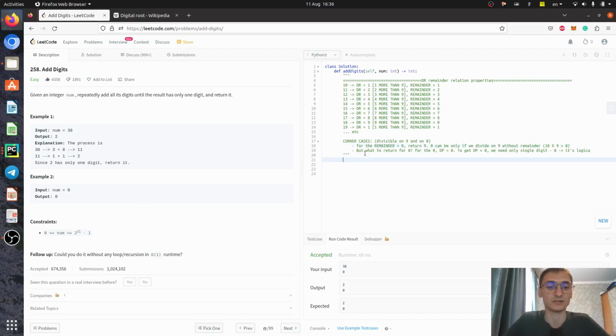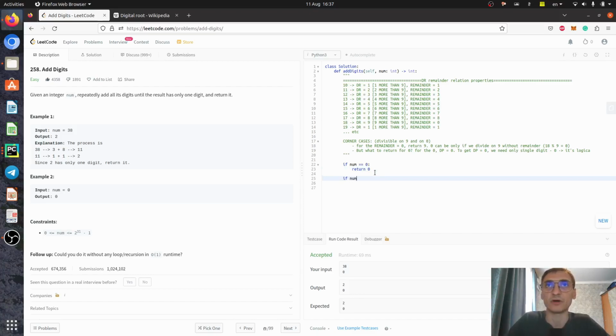So let's write this mathematical solution extracted from these remainder relation properties. If the number equals 0, we should return 0. This is this case; we handle the logic for 0.